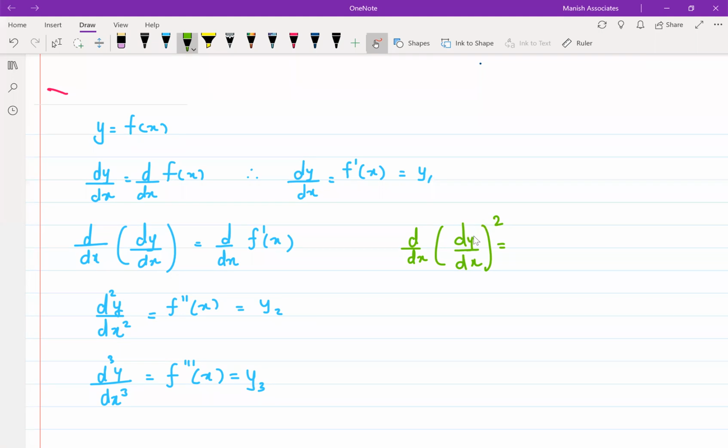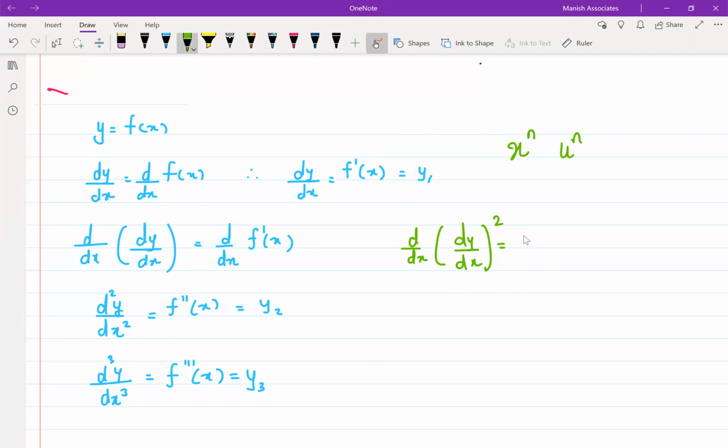Students, everybody please concentrate on the screen. I want to show you how to differentiate this function. This is something like u raised to n, in the format x raised to n, but we will take it as u raised to n. And what is u? U is dy by dx. Now we all know the derivative of x raised to n is nx raised to n minus 1.